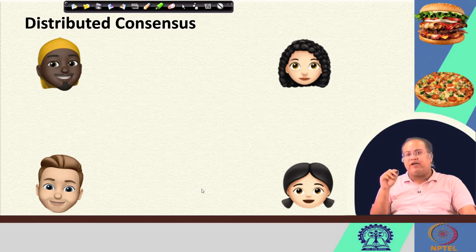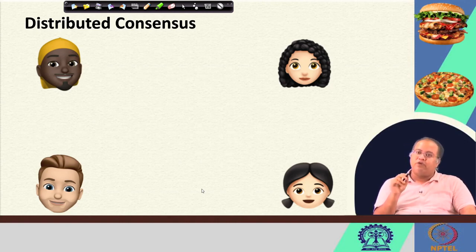You are relying on the friend who is doing that coordination, giving a phone call to everyone, to be a good friend who will not make any false claims. Say, for example, although 3 of your friends are planning to go for pizza, that friend likes burger, he can tell the others that everyone has agreed on burger, let us go for burger. This kind of fraudulent behavior that person will not do.